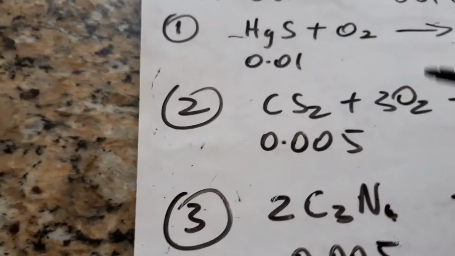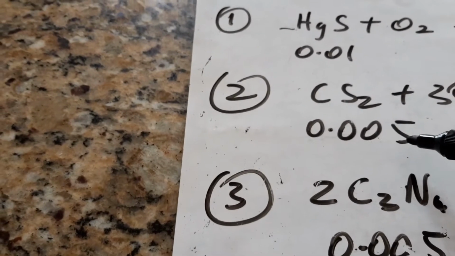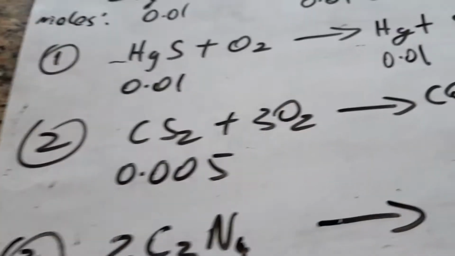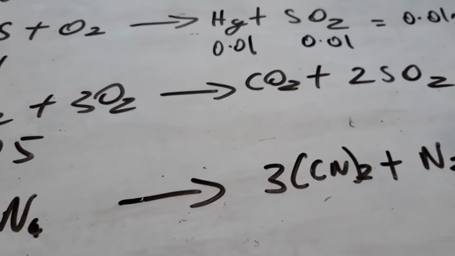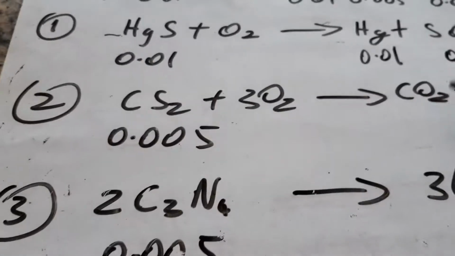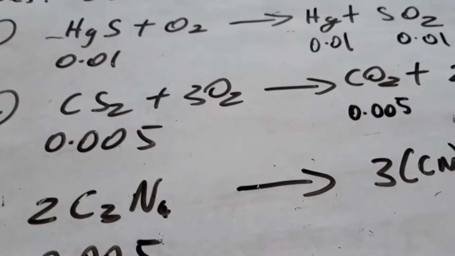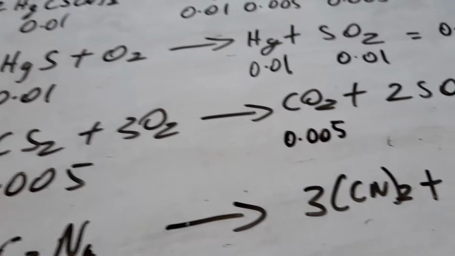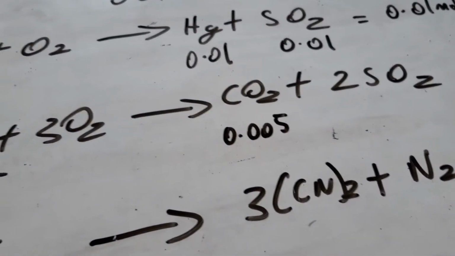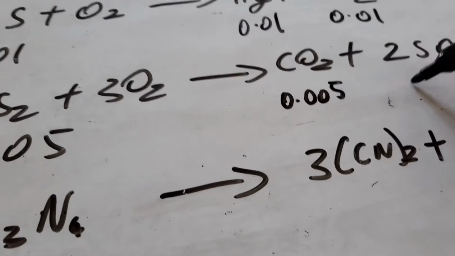In equation 2, remember up here we produced 0.005 moles of CS2, so we're going to start with 0.005 moles of CS2, and we're going to work out how many moles of CO2 and SO2 that produces. And again, that's easy to do. 1 mole of CS2 produces 1 mole of CO2, which is 0.005. 1 mole of CS2 produces twice as many moles of SO2, so that's 0.005 times 2, which gives us 0.01.